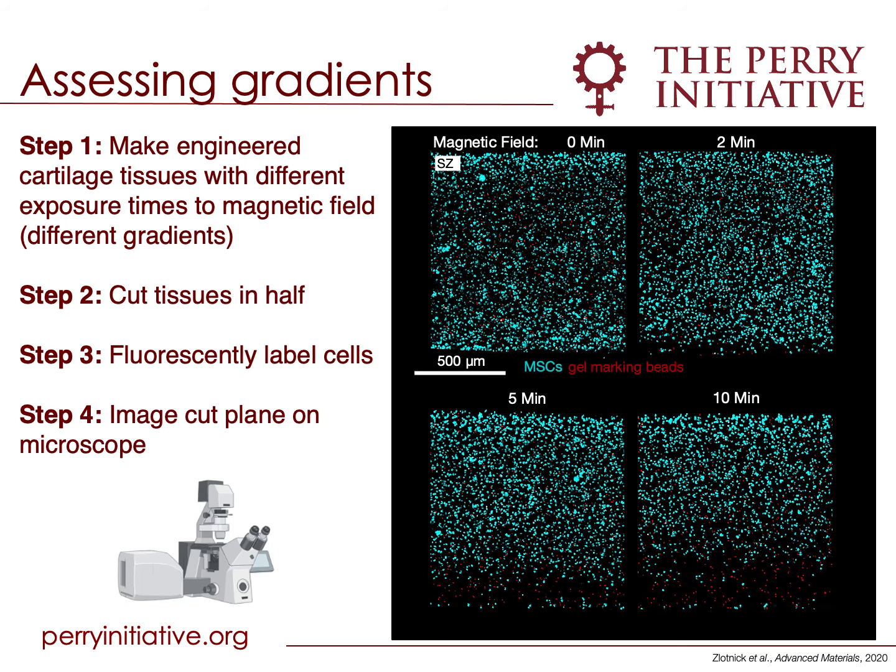Here you can see representative images from different engineered cartilage tissues that were exposed to a magnetic field for 0 minutes, 2 minutes, 5 minutes, or 10 minutes. You can see that with increasing magnetic field exposure, the cells labeled in cyan moved upward away from the deep zone of the tissue.